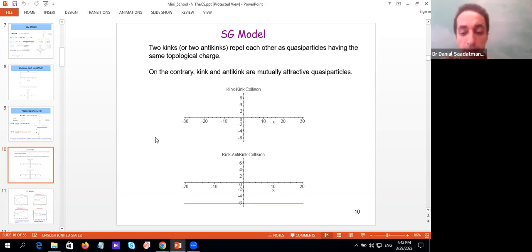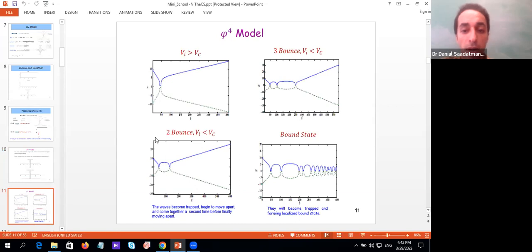But for the phi-4 model, the scenario is quite different. In fact, the scattering data depends on the initial velocity of the kinks. If the initial velocity of the kinks is higher than the critical value, when the kink and anti-kink interact with each other, they escape to infinity after the interaction.